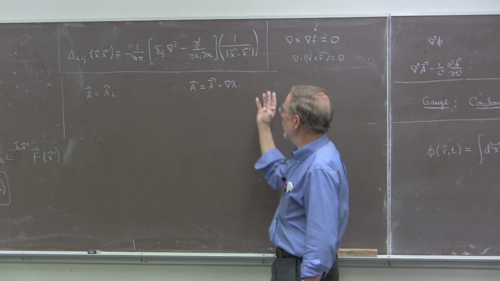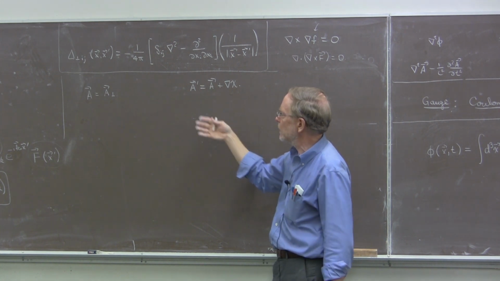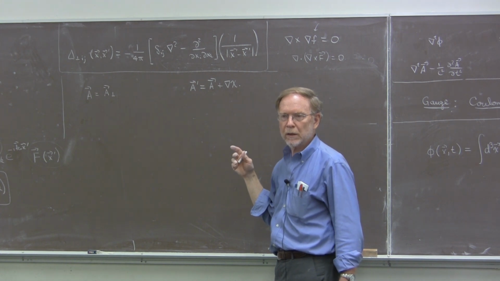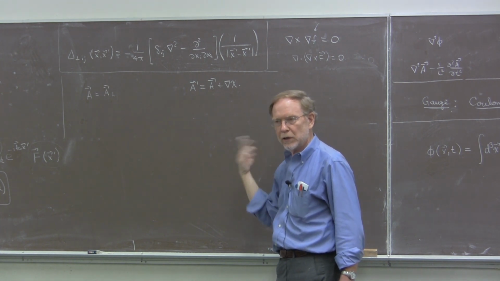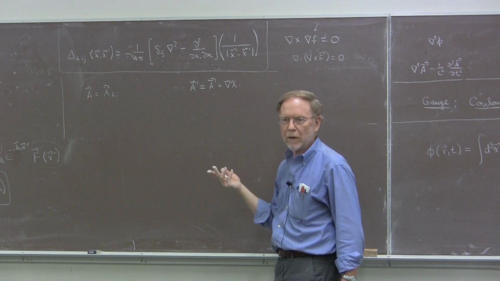So there's a certain point of view which emerges here, which is that the physical part of A, quote unquote, is the transverse part, and the longitudinal part is the non-physical part, the part that changes under a gauge transformation. Now, I don't want to push that statement too far because it's not coherent. It only works in a given frame.